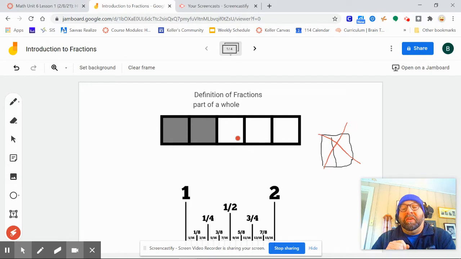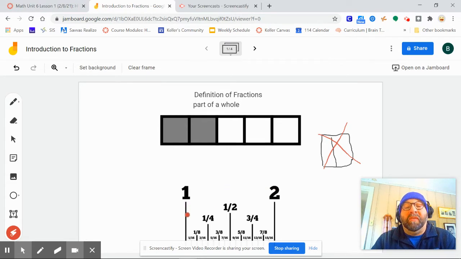The other way that you're going to see fractions is on a number line. This is a number line that separates the numbers between 1 and 2. You are going to divide those into fractional sections that are equal. If you notice, the distance between 1 and 1 and 1/2, and 1 and 1/2 to 2, are going to be the same distance.